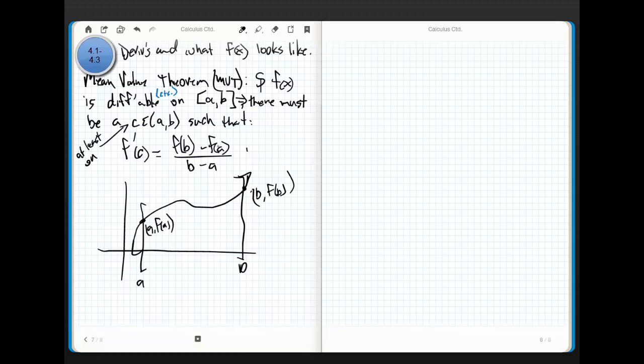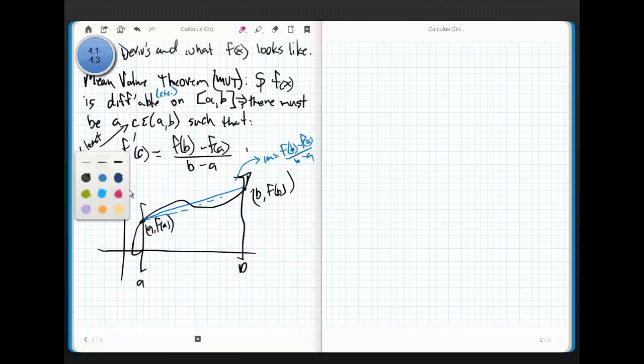Let's make sure we understand what's going on. What is f of b minus f of a over b minus a? Well, hopefully you recognize that as being the slope of the secant line. So if I draw a secant line, I know that the slope of that line is m equals f of b minus f of a over b minus a. Now, what does the mean value theorem say?